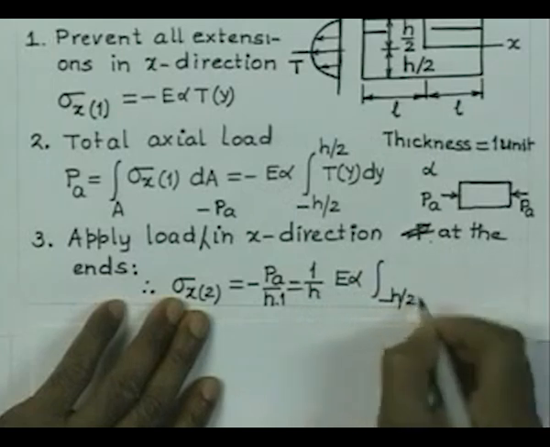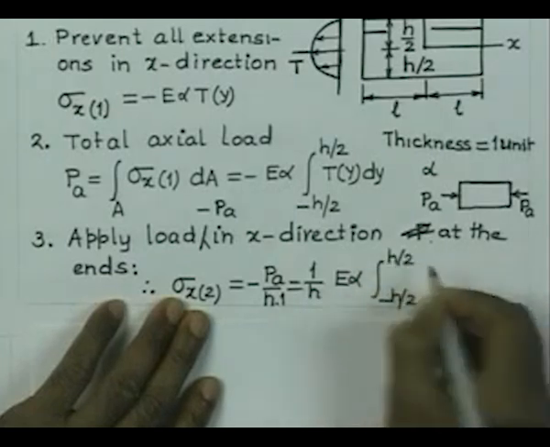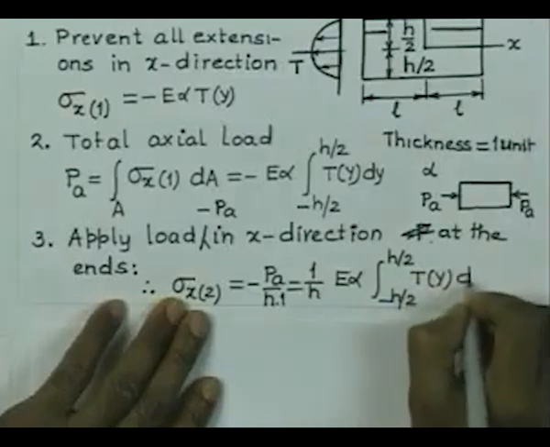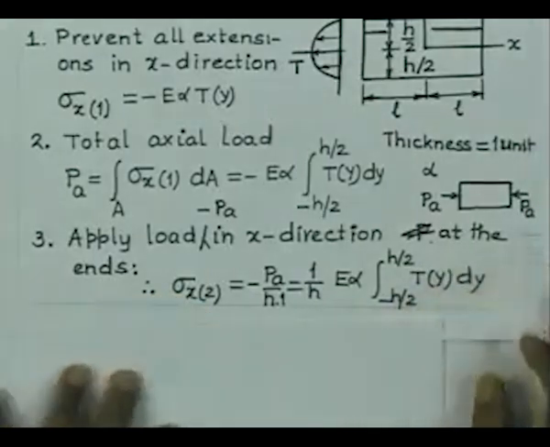integral from minus h by 2 to plus h by 2 of Ty dy. So, that is the stress which is due to the application of the tensile load at the ends, and this tensile load is equal to the load which has come up because of the prevention of the extension of all the fibers in the x direction.